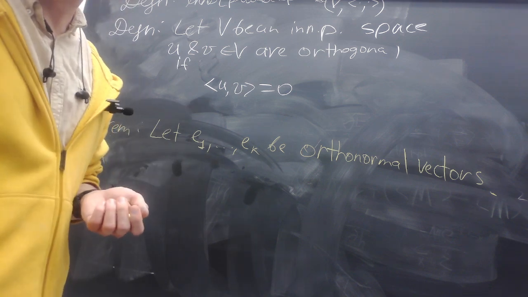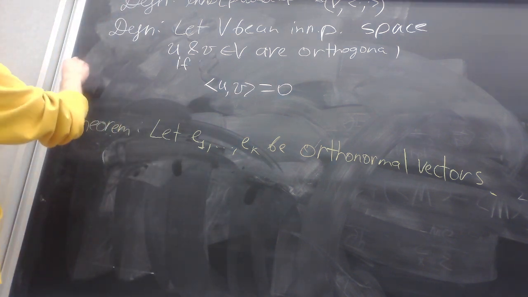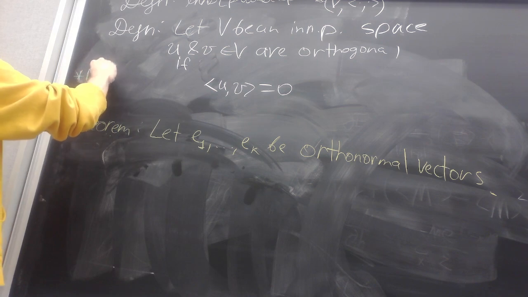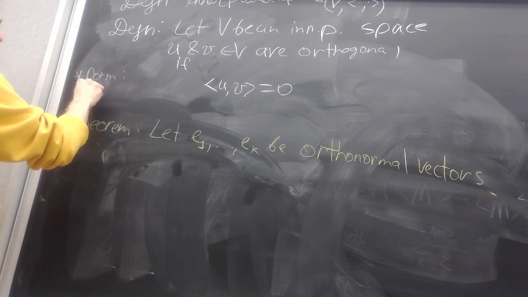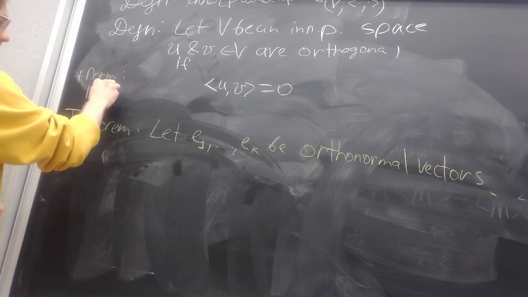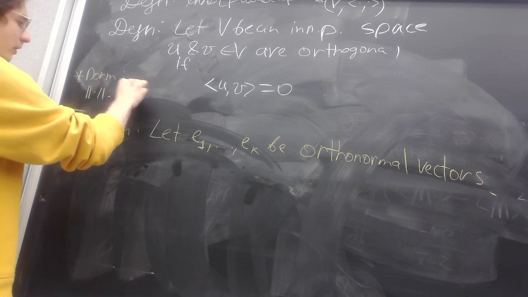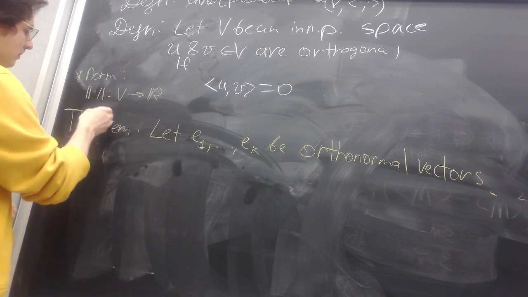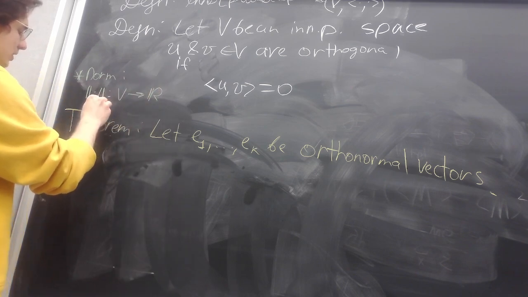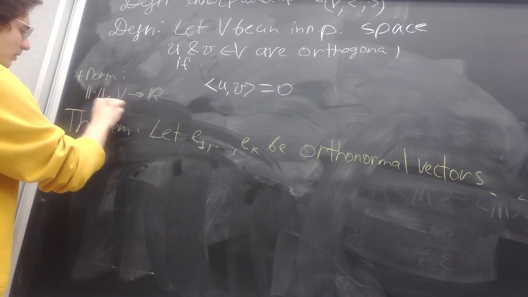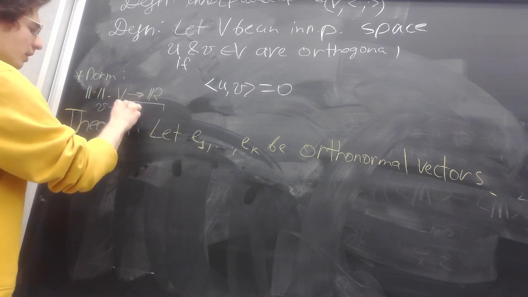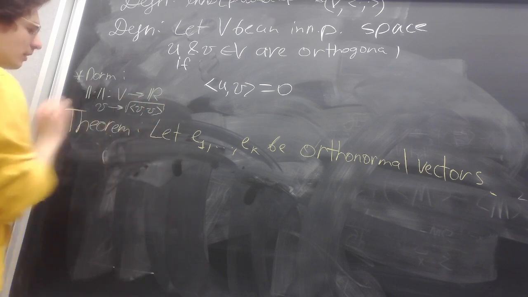So let's recall that the norm was some function which took in a vector, gave back a real number, and this function was given, for us, by v getting sent to the square root of v inner product v.